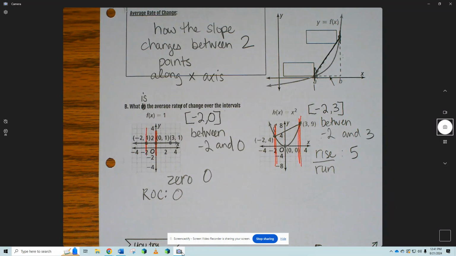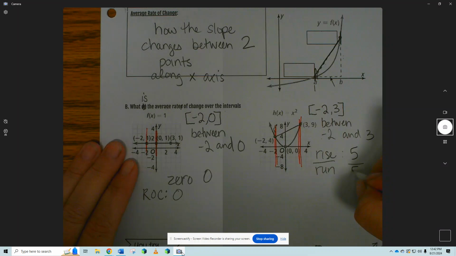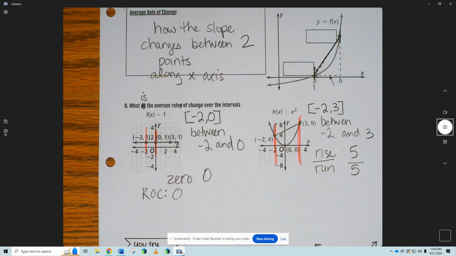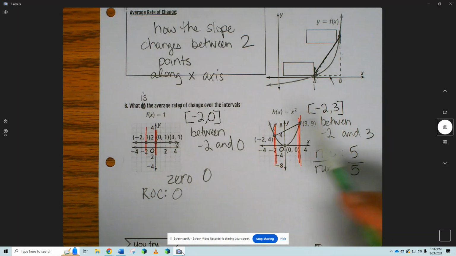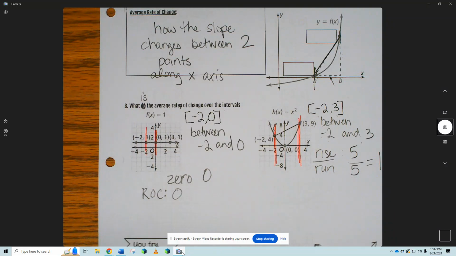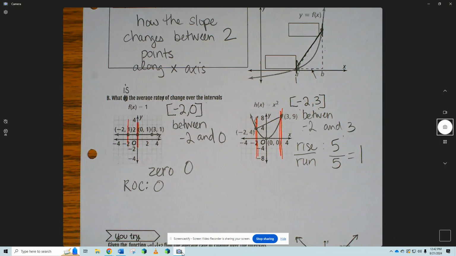Is it 4 or 5? 5 over? Okay. That means that my rate of change over the interval between -2 and 3 is 1. You have to draw that line with your ruler for this to work.